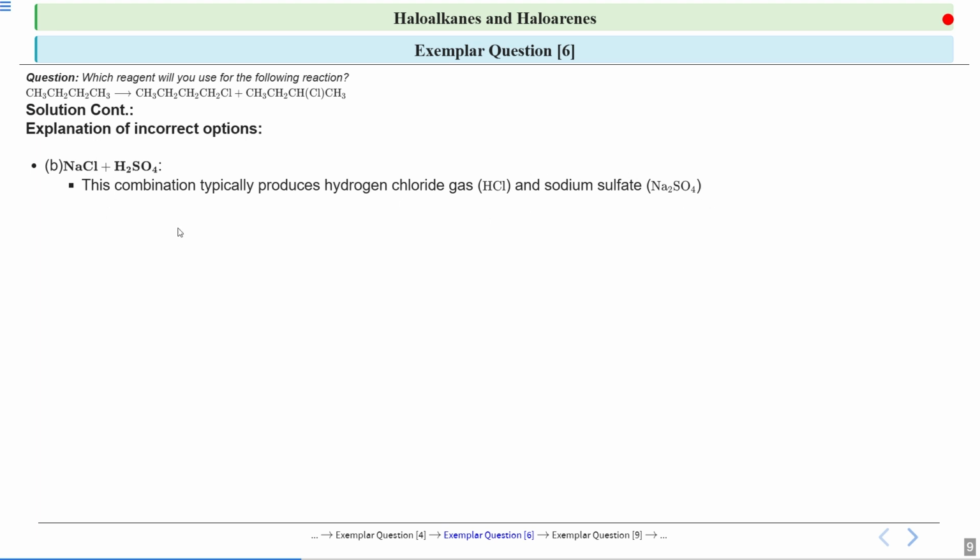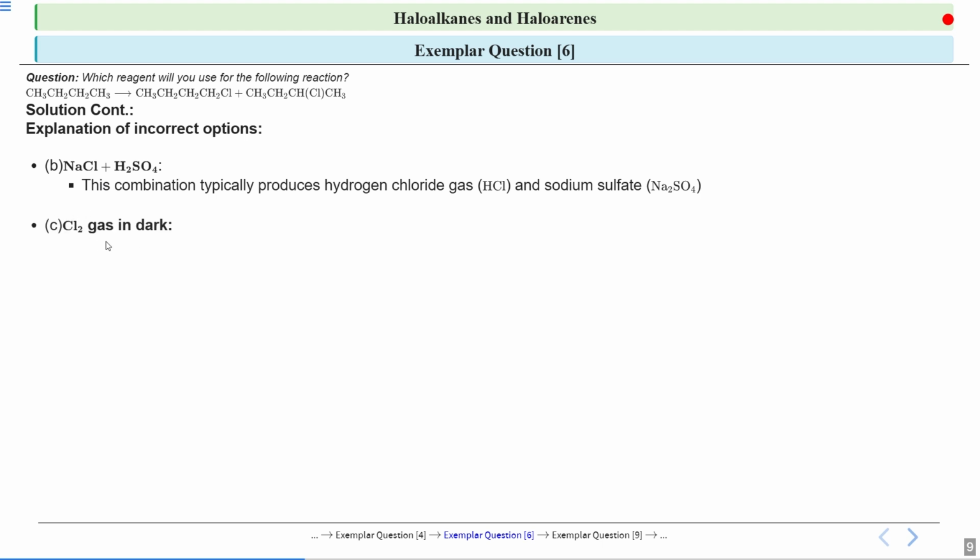The chlorine that you need to attack the butane is going to bond with the hydrogen from the sulfuric acid and form the product hydrogen chloride gas. The other product you will get is sodium sulfate. So the chlorine will not participate in the reaction with the butane, so we didn't use this reagent.